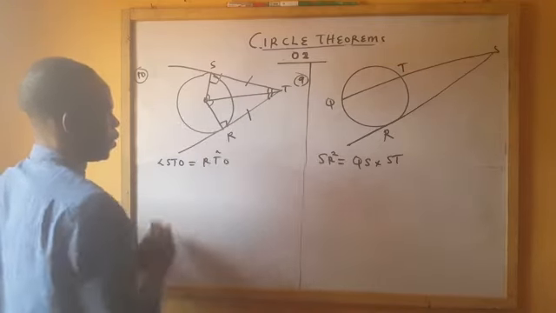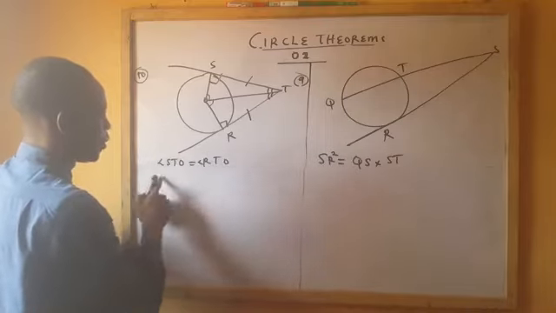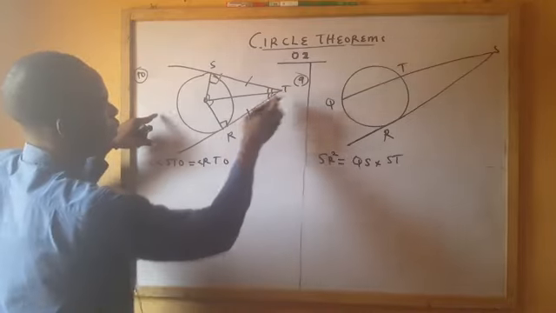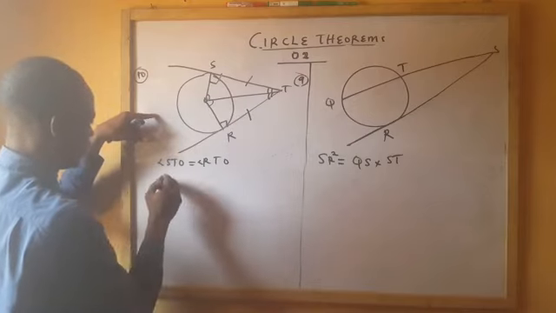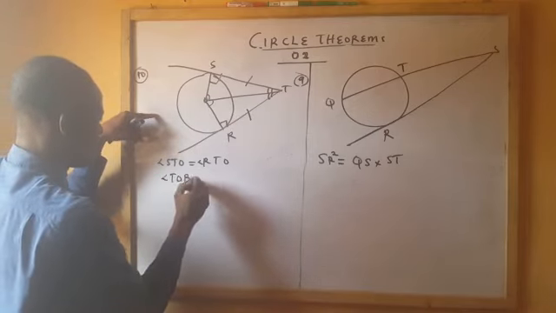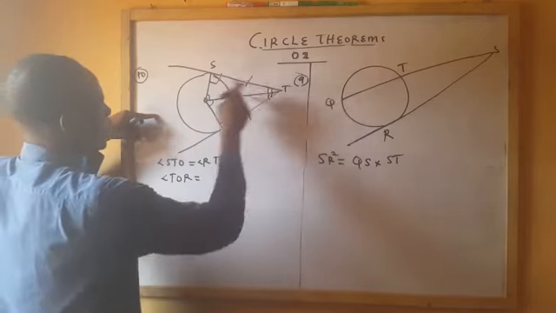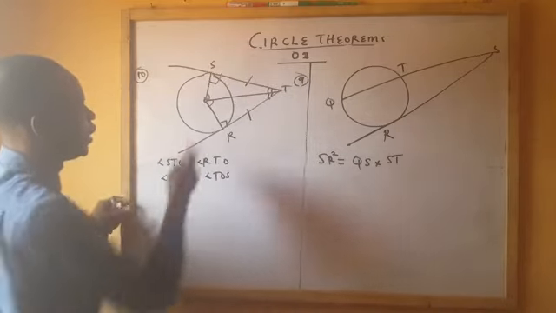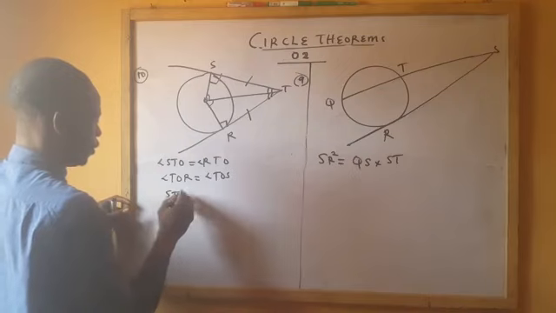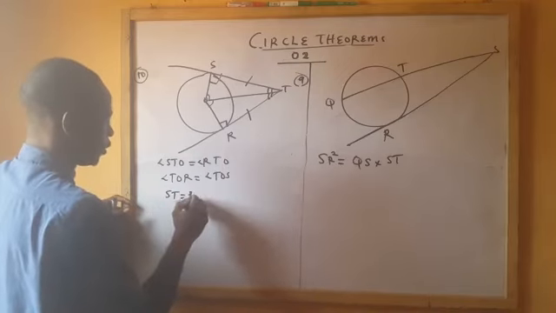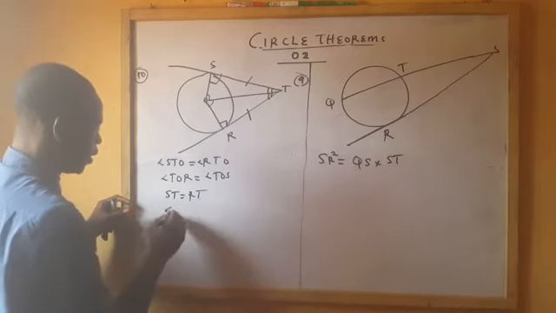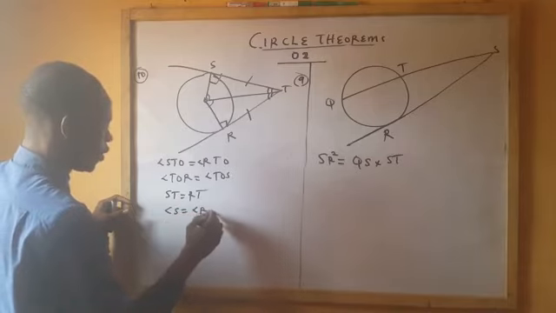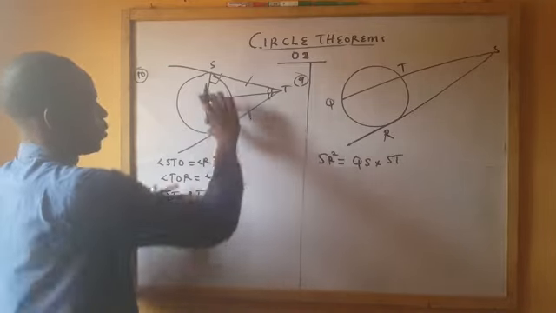Are we together? Also angle TOR will be equal to angle TOS. Are we together? Then the length ST will be equal to RT. Also angle S will be equal to angle R, everything equal to 90 degrees.